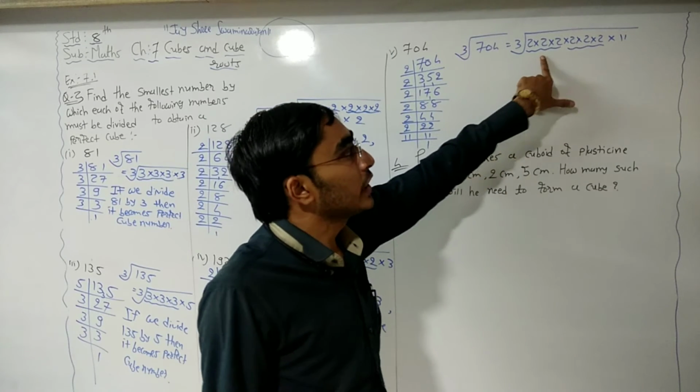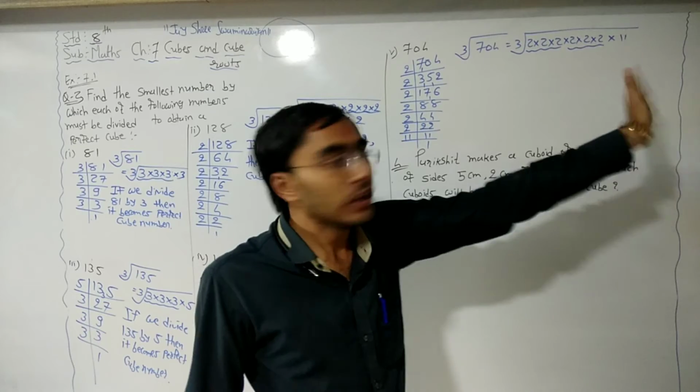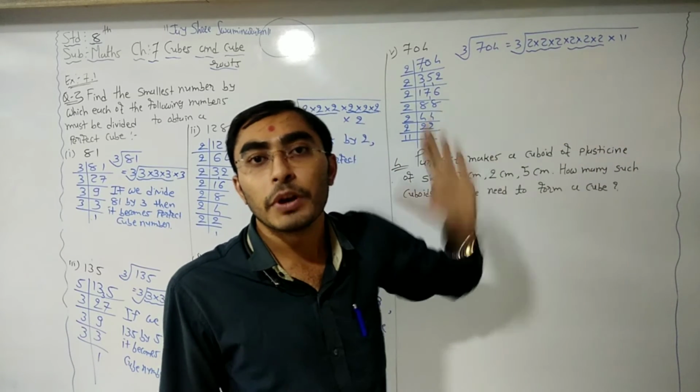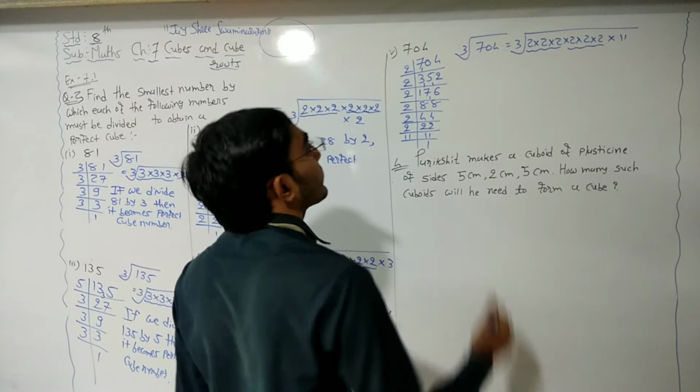Right? Here 3 times 2, 3 times 2. 1 time 11 is extra for us. So we need to divide the number by 11. So it becomes a perfect cube number. Okay, so we need to divide by 11.